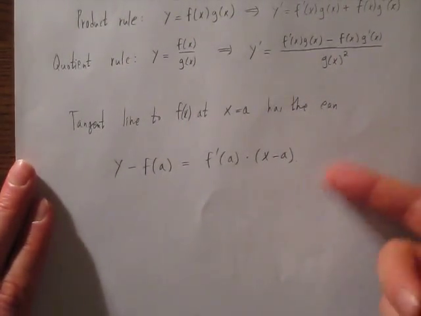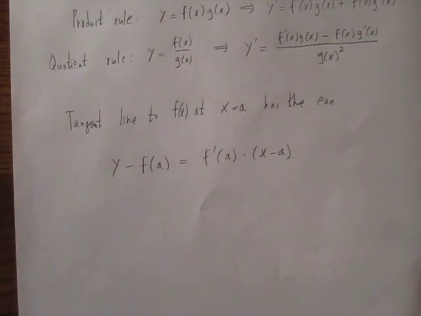But the main thing is that you know how to use the formula for tangent lines. This one over here. Just find a, find these numbers, and put things together.